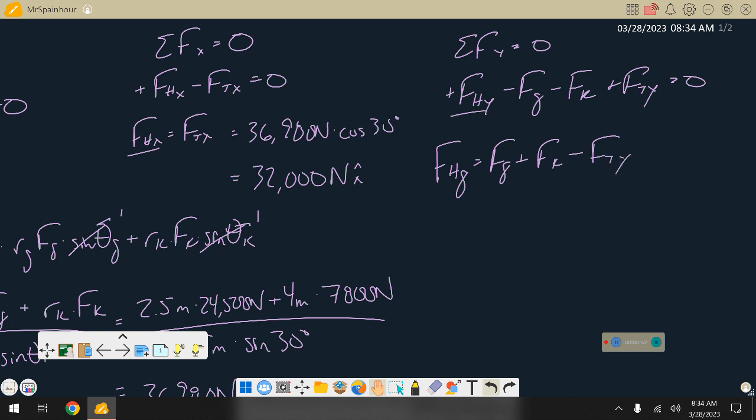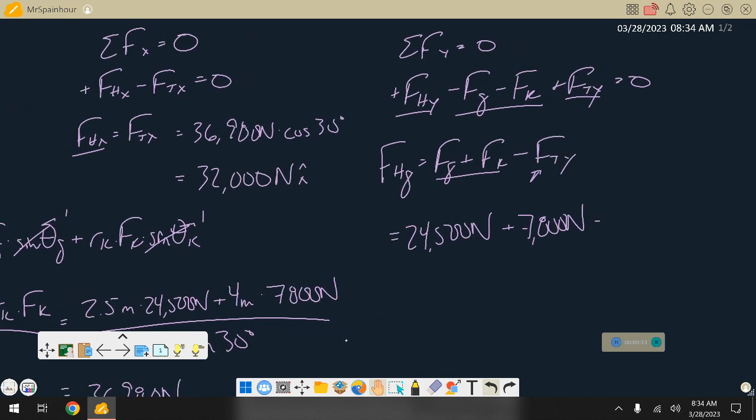In other words, everything up equals everything down. So we add everything down, subtract the one we know, and that, of course, will be what's left. This was 24,500 newtons plus 7,800 newtons minus, we do need to calculate this one.